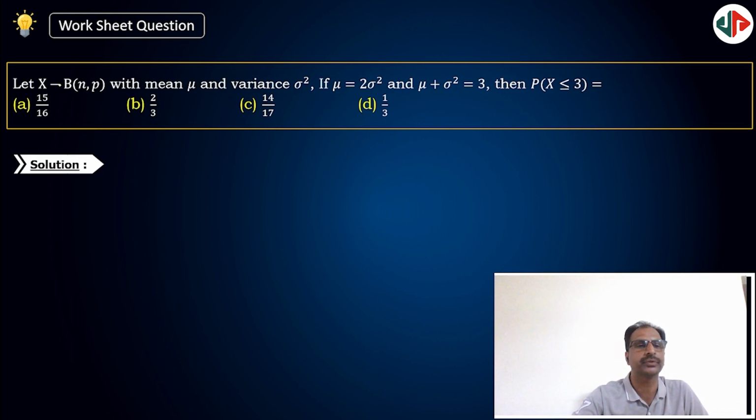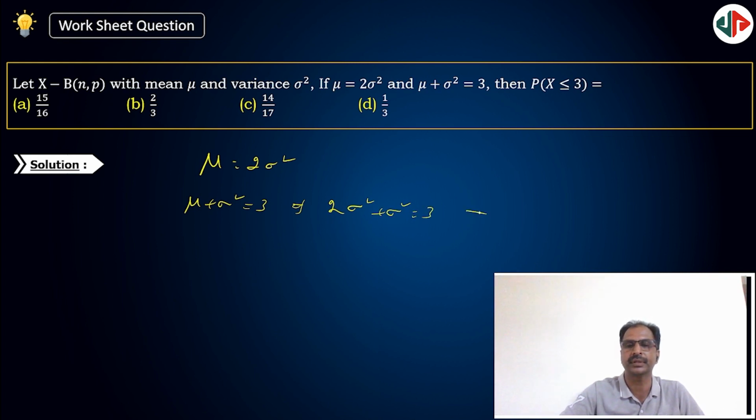X follows binomial distribution with mean and variance. So mu is equal to 2 times sigma square, and mu plus sigma square is equal to 3, implies 2 sigma square plus sigma square is equal to 3, 3 sigma square is 3, sigma square is 1.